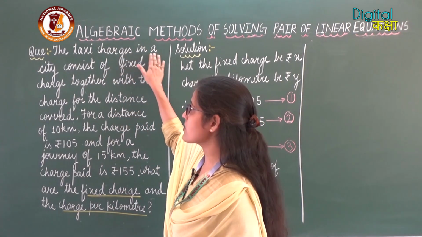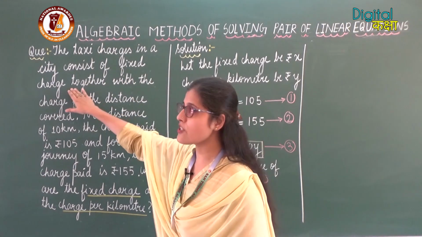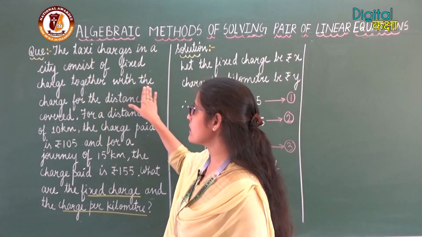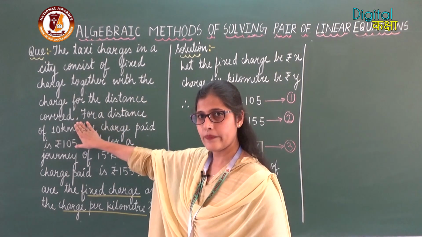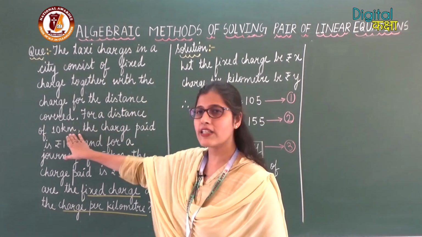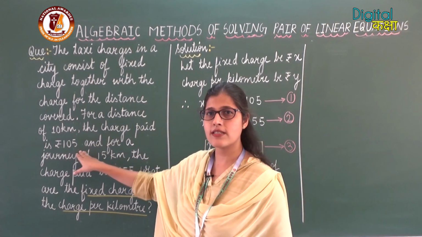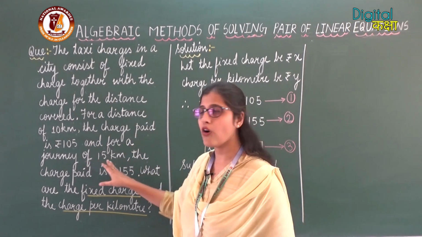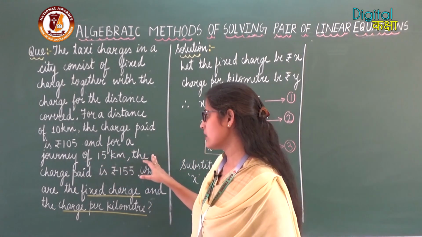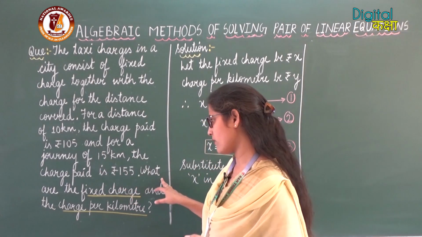The taxi charges in a city consist of fixed charge together with the charge for the distance covered. For a distance of 10 km, the charge paid is rupees 105, and for a journey of 15 km, the charge paid is rupees 155.